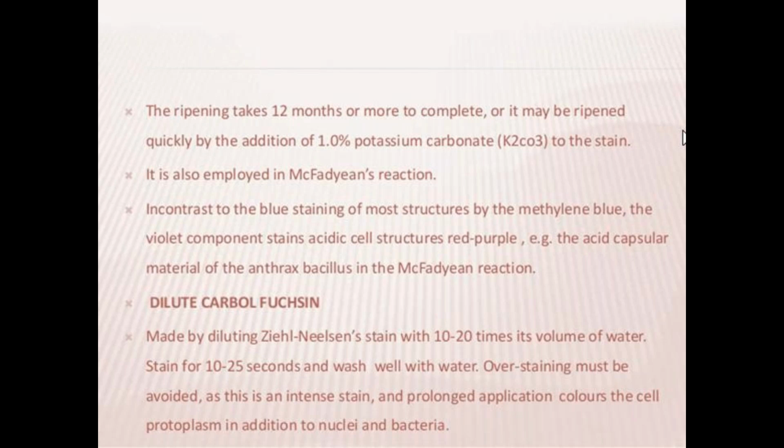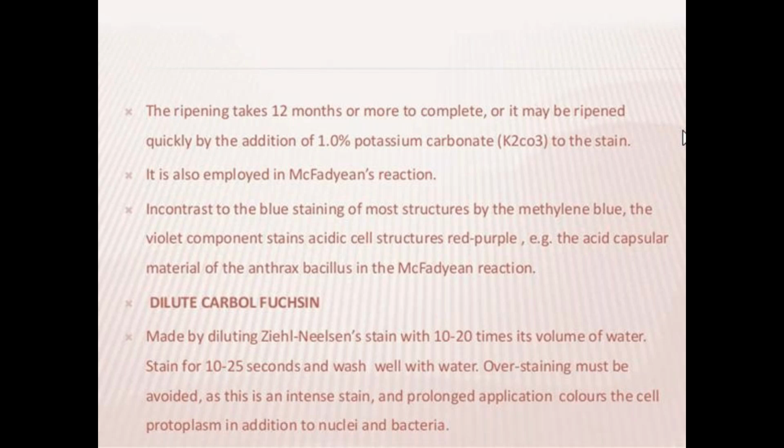Actually, methylene blue normally causes blue staining, whereas in polychrome methylene blue, the structures are observed in the form of red purple color. Here, the main example is the capsular material of Anthrax bacillus, which can be studied by using this methylene blue. And this is the dye mainly used for the identification of capsular structures in Anthrax bacillus.